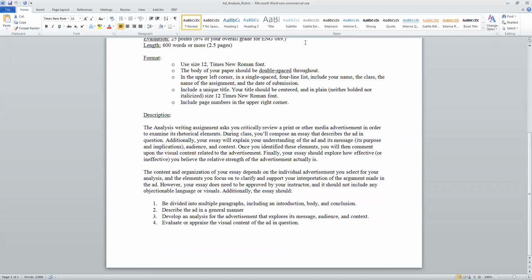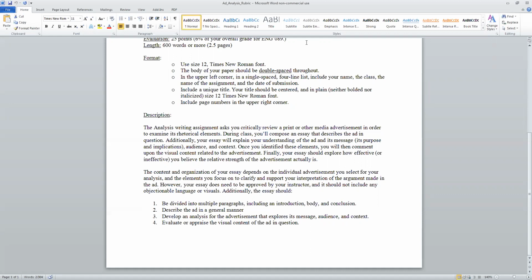We composed an essay that described the ad in question, but then went beyond just a pure description to actually help our readers understand the ad itself and what its message or purpose really was.